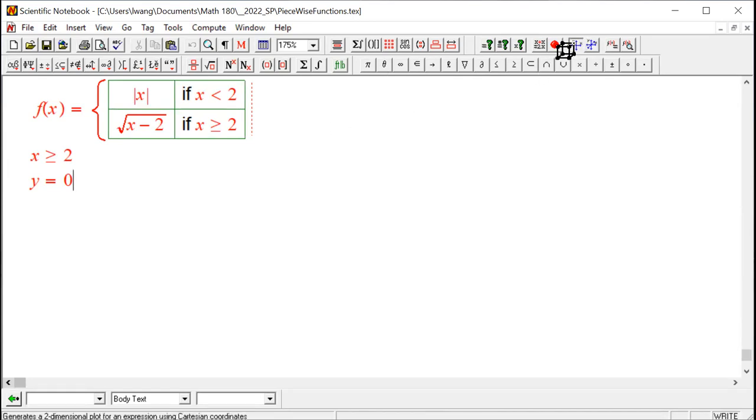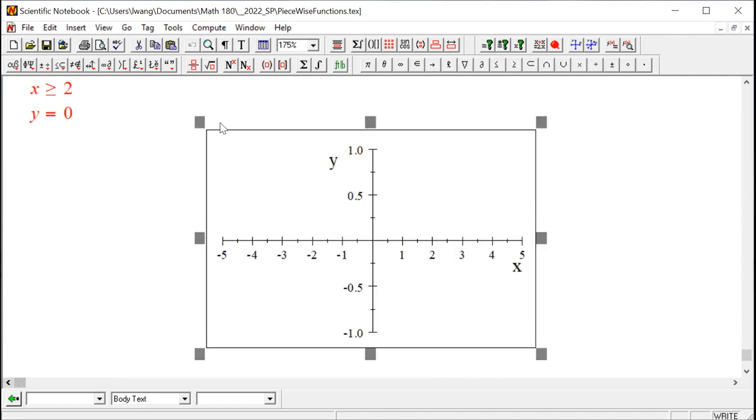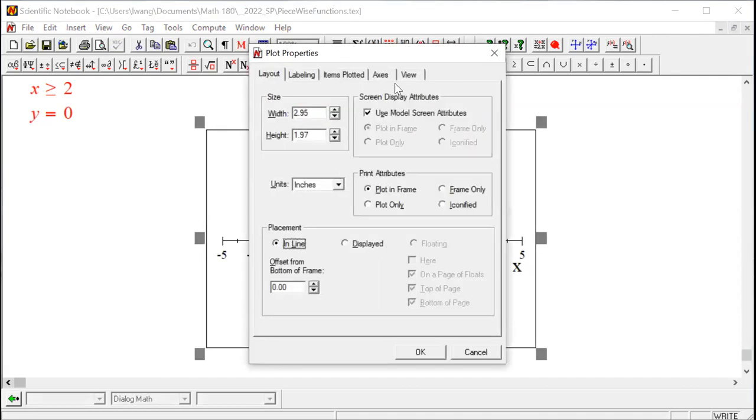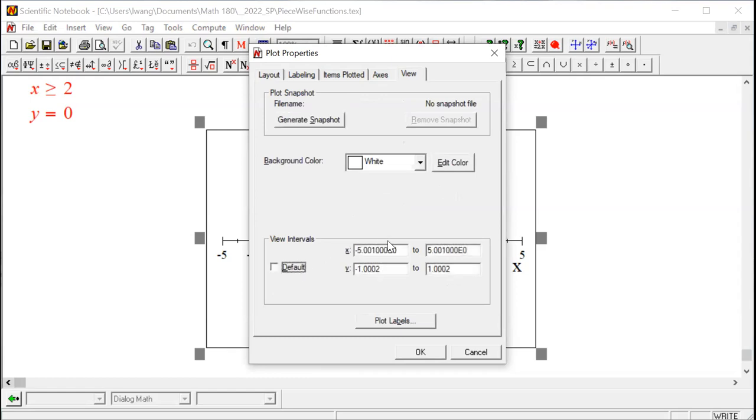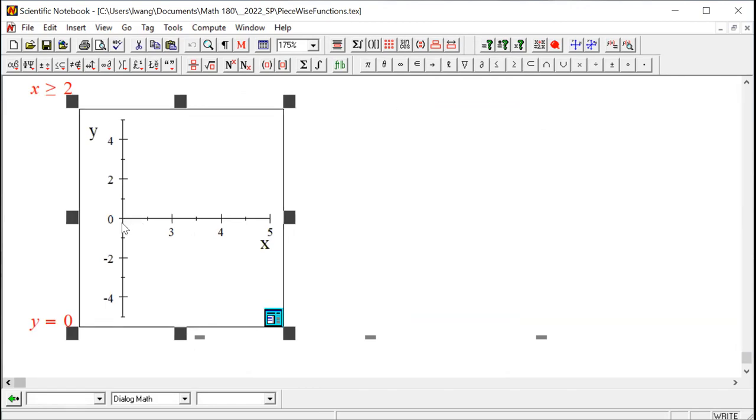y equals 0. So we're going to graph the picture. This is x input from 2 to, say, 5. So we're going to graph the other piece, but from 2. You can see this point is x equals 2.